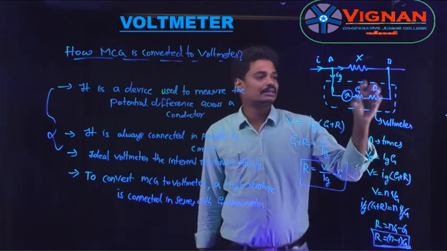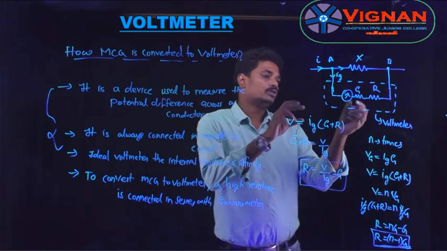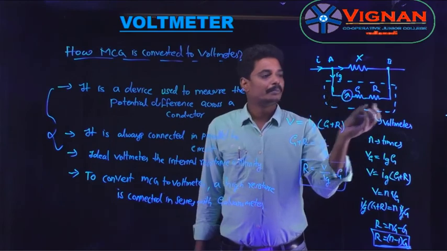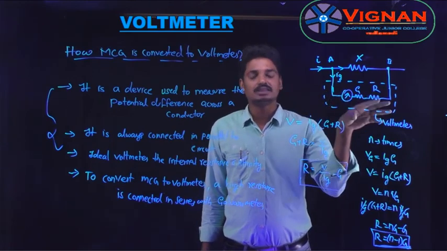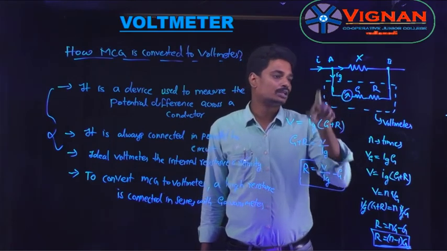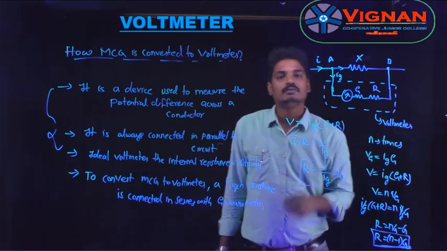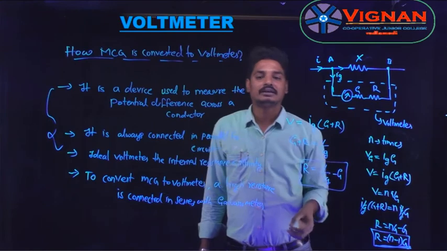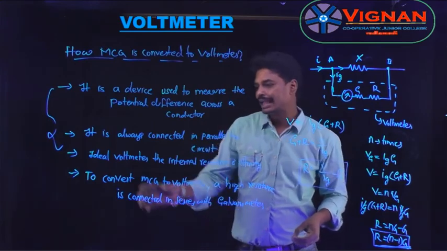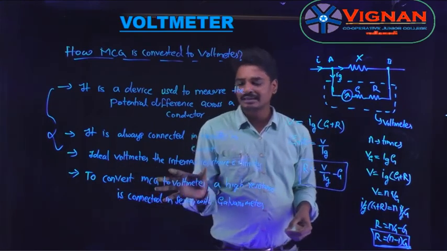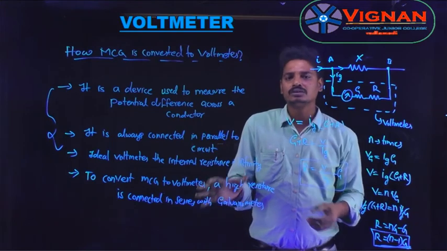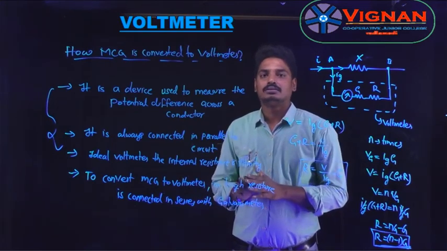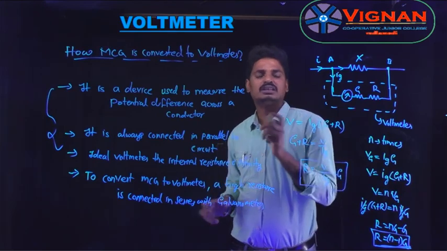Why are we connecting a high resistance? The internal resistance of the galvanometer is low. By connecting the high resistance in series with the galvanometer, the total resistance of this voltmeter will be very large, so that it can draw only a small amount of current. But for an ideal voltmeter, the internal resistance should be infinity, so that it does not draw any current, but still gives the readings.